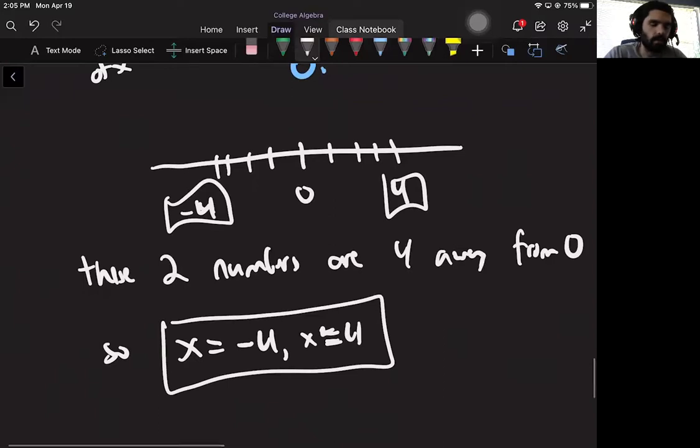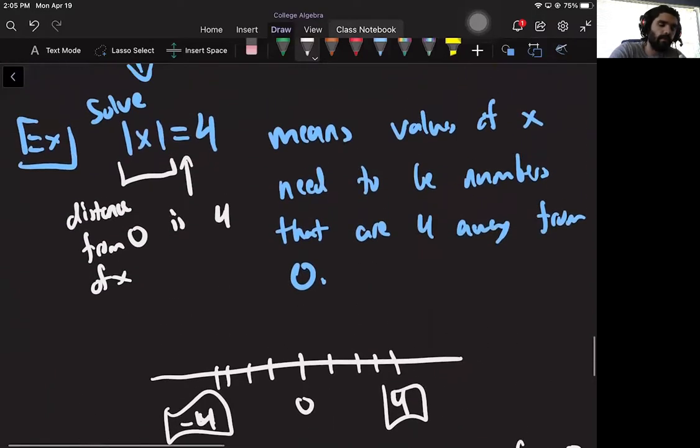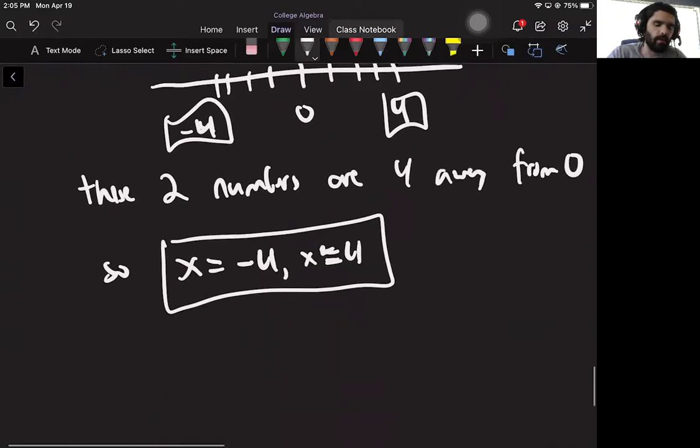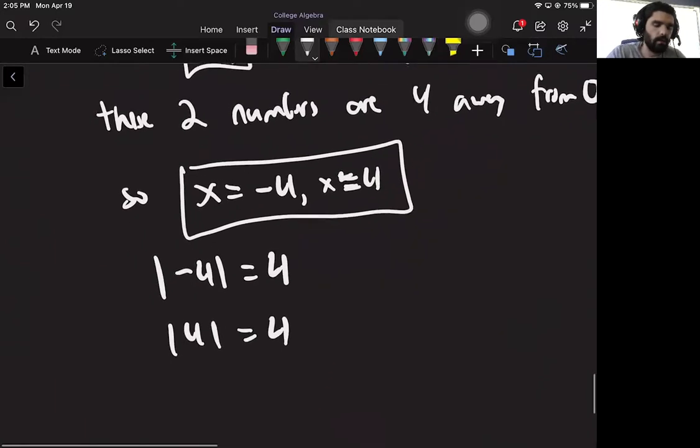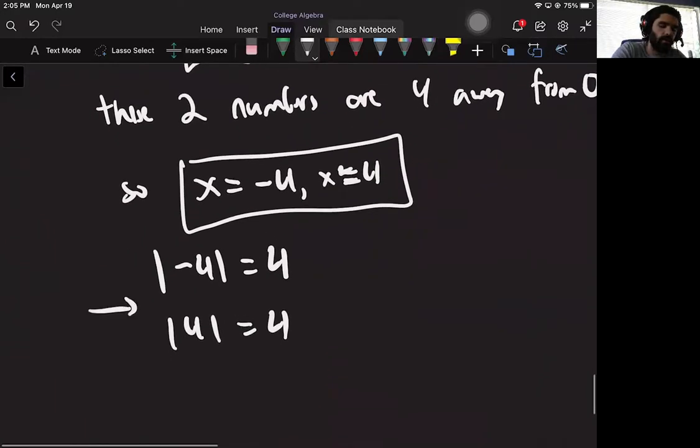Because those are the two numbers that if I put them in here, I will get 4. And you can check it. If I plug these in, I do get 4 for both of them. So this is sort of like a check.